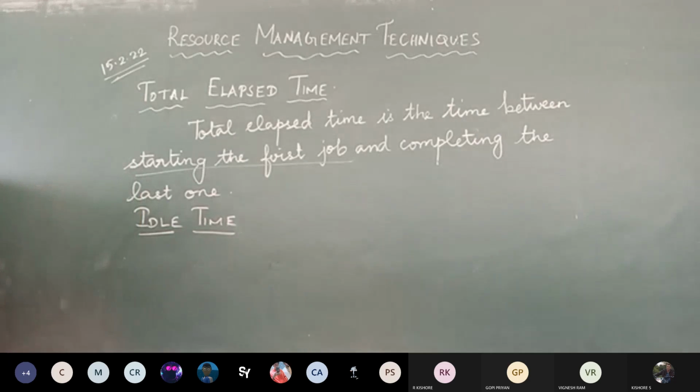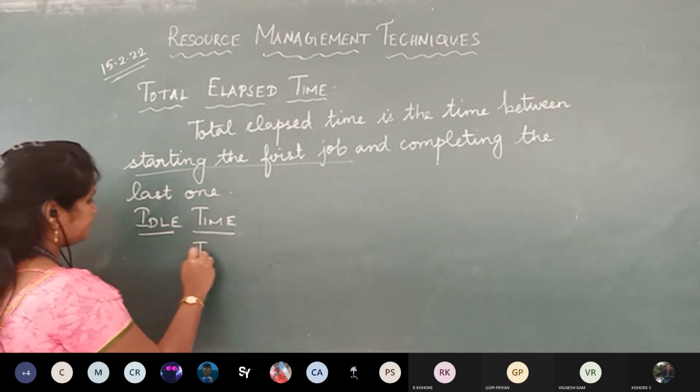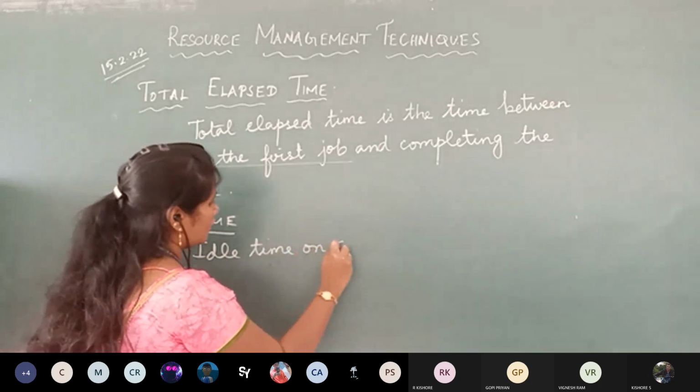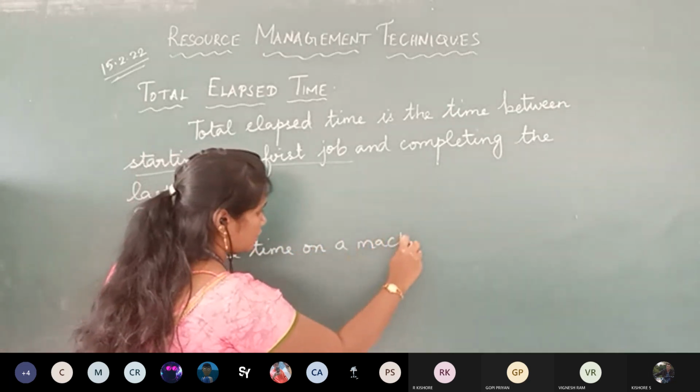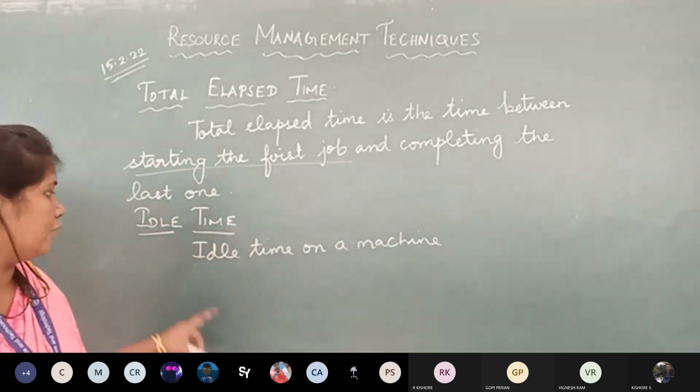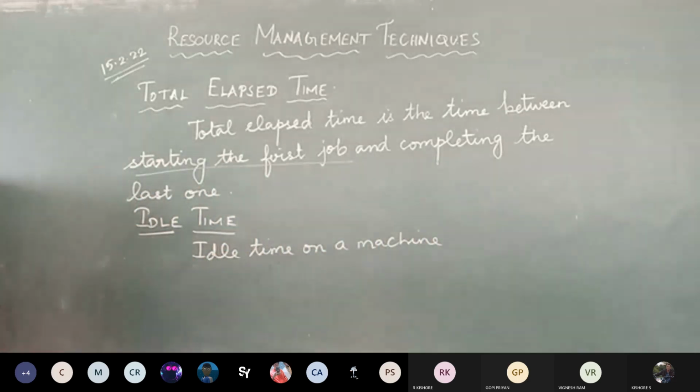So idle time on a machine. This is considered for a machine now, not for humans. We are doing it for machines.